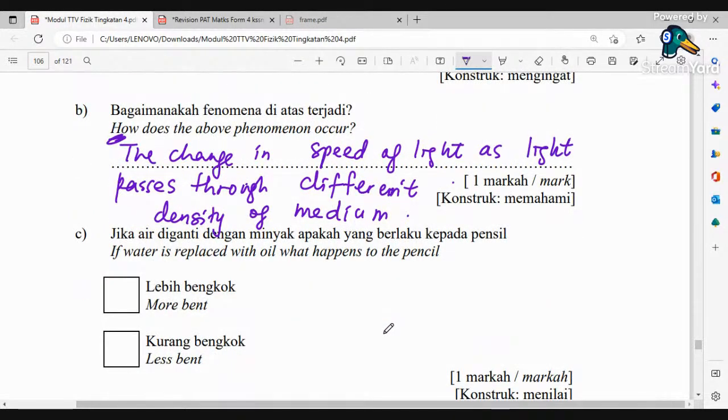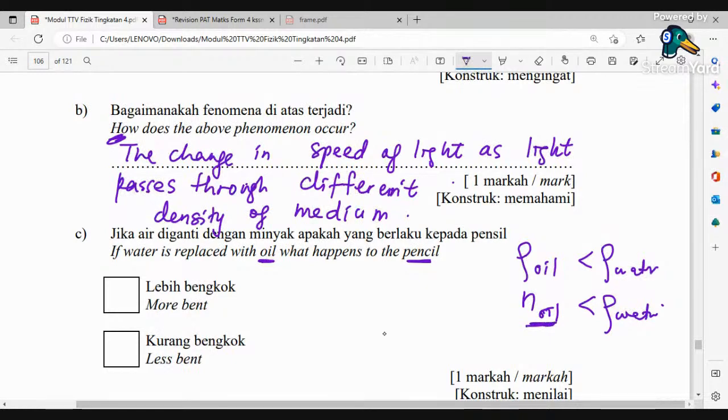Okay. But see, if water replaced with oil, what happens to pencil? Okay. Remember, density of oil is less than water. Or we can say refractive index of oil is less than water. So speed in oil is higher than water. Okay, maksudnya kalau refractive index dia adalah smaller, the ability to bend light is less.